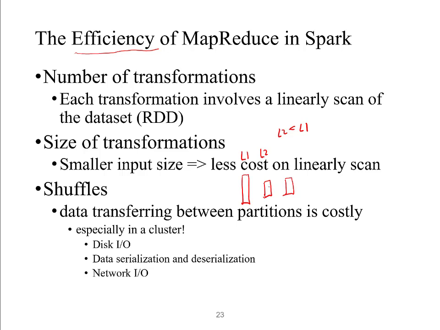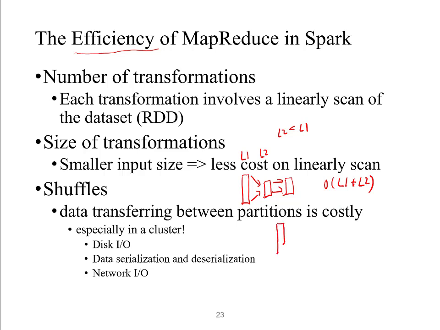The next time you call a transformation, the cost will reduce from L1 to L2. So in this case, the total cost would be big O of L1 plus L2.